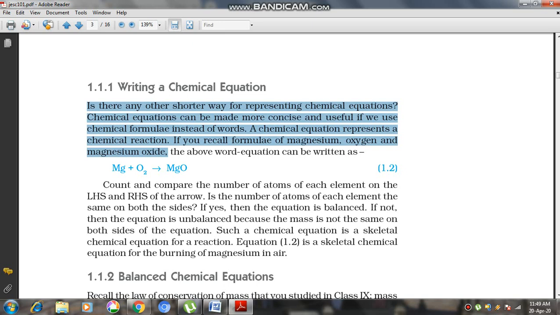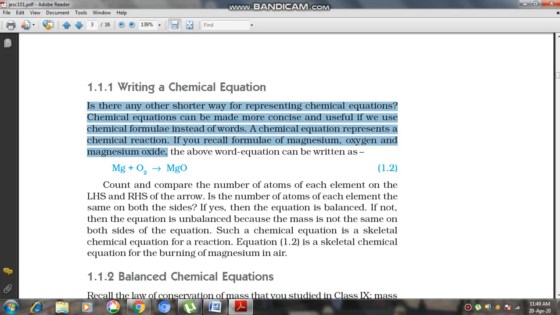Chemical equations can be made more concise and useful if we use chemical formulae instead of words. If we put the chemical formula, it is easier to recognize a particular chemical equation.